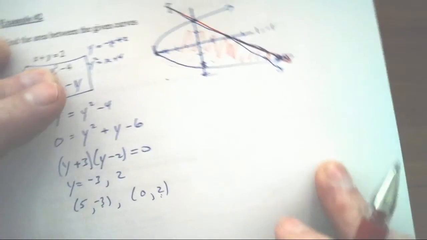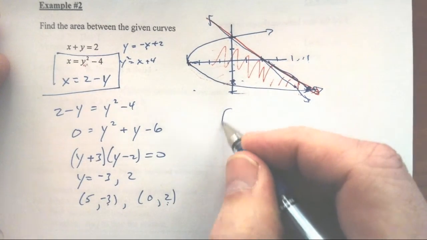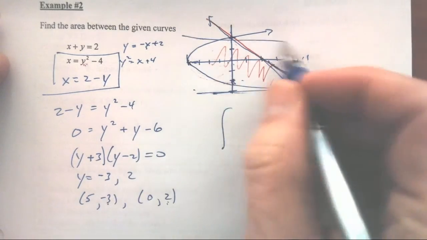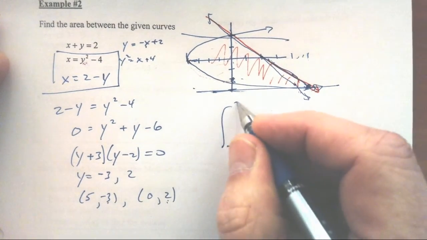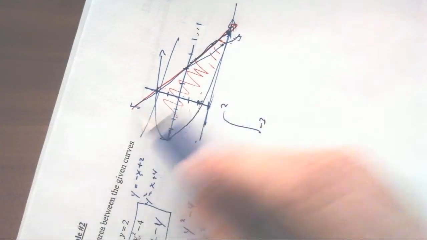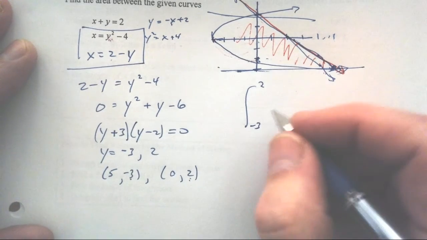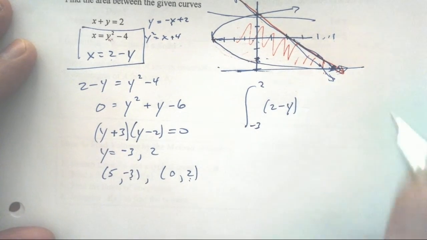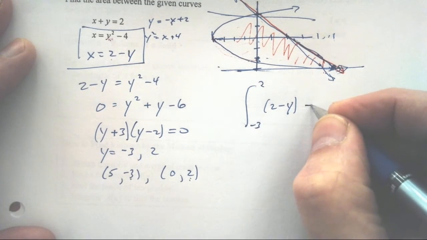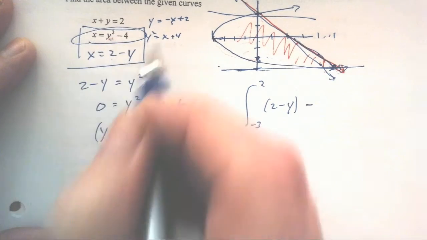So what I'm saying is we're going to integrate on y. I want the integral as the y values go from negative 3 to 2. I'm going to treat this as my top function, and my top function is x equals 2 minus y. So we're doing this kind of sideways. And then subtract my bottom function, which is this.